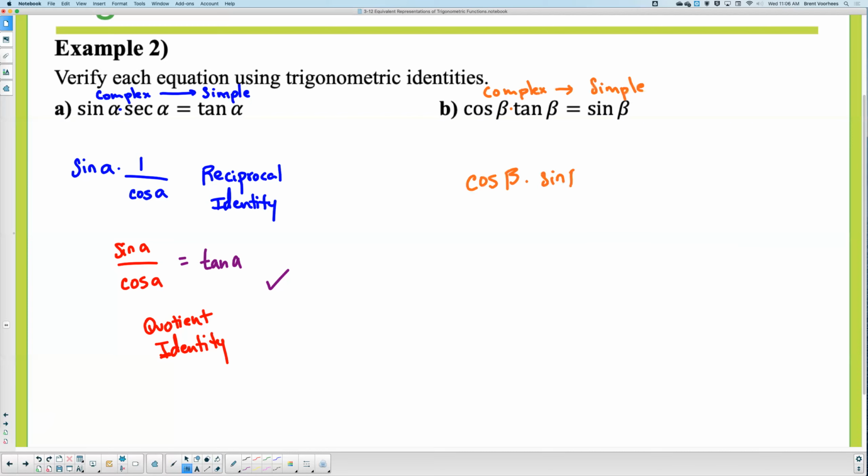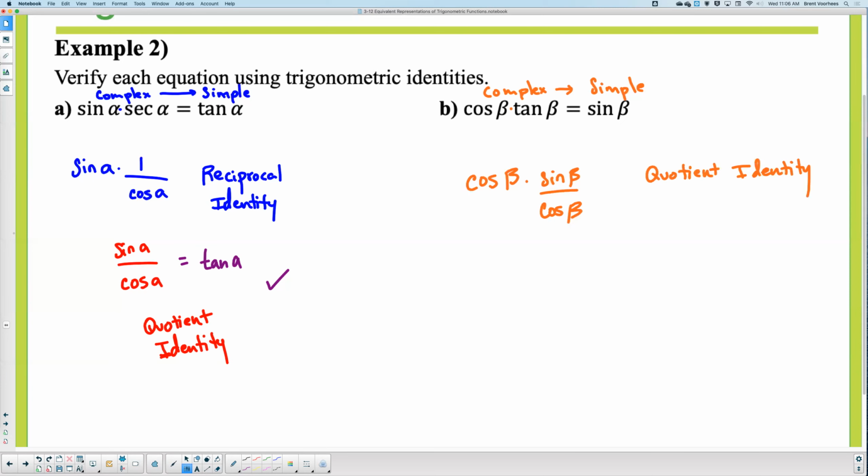Sine over cosine. All right, what was the name of this? What am I doing in terms of sines and cosines? I'm dividing. The quotient. So this would be called the quotient identity.